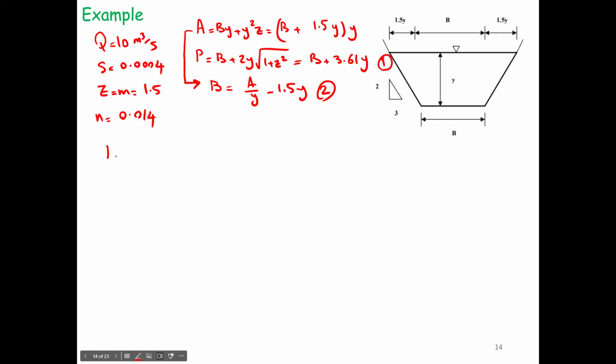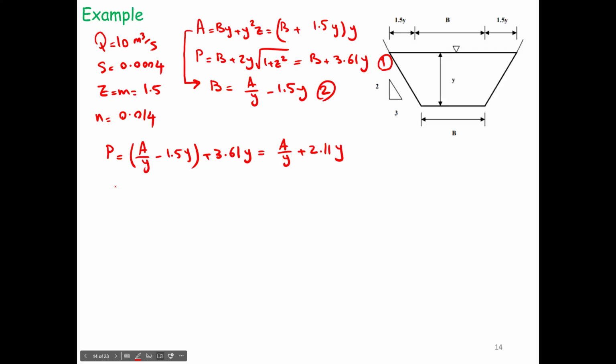So P is equal to, instead of B, I will write A over Y minus this guy, plus 3.61Y, which is A over Y, negative here, positive here, 2.11Y.